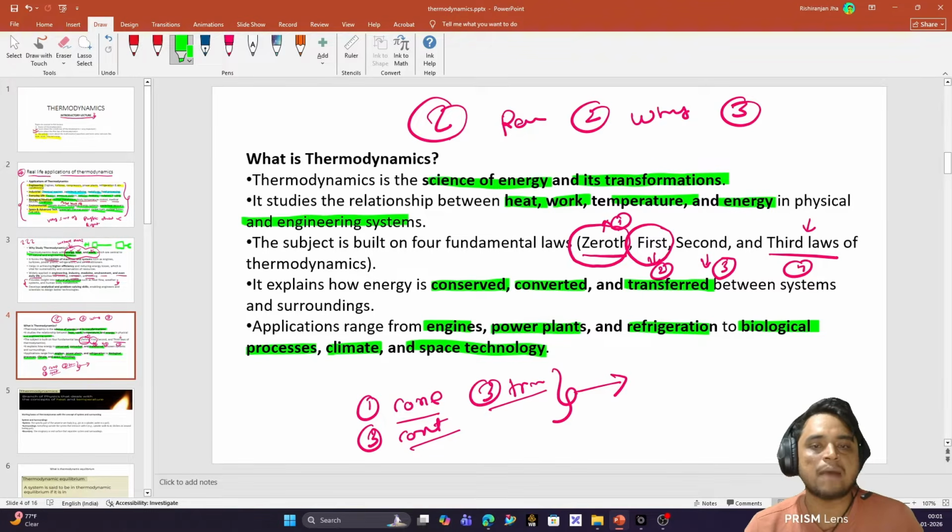You must feel happy about learning something, and you must know why we are learning it and whether it has a real life application. That is the big reason why I explained the application, why we study thermodynamics, and what thermodynamics is. So let's start with today's lecture on thermodynamics. Let's begin.